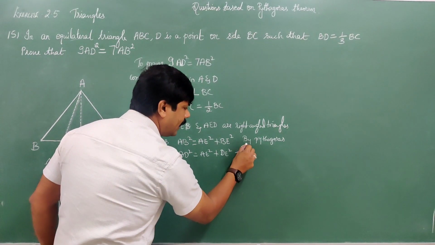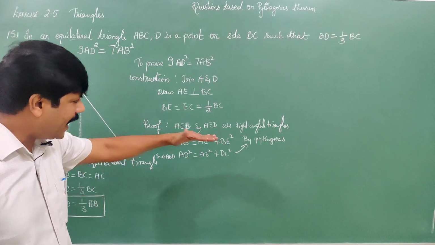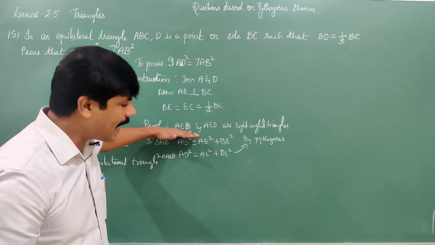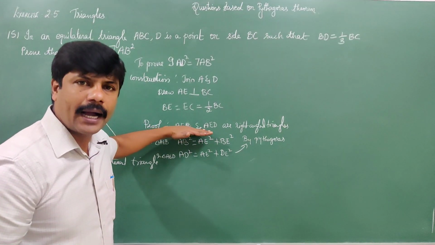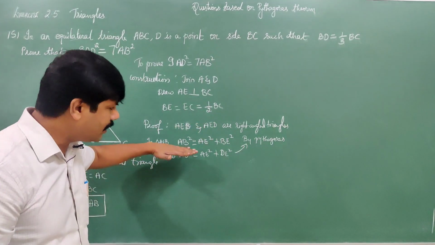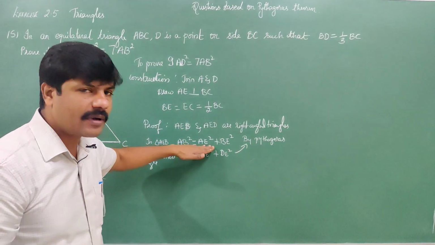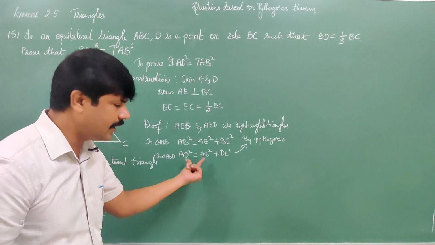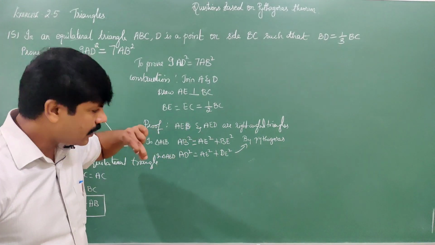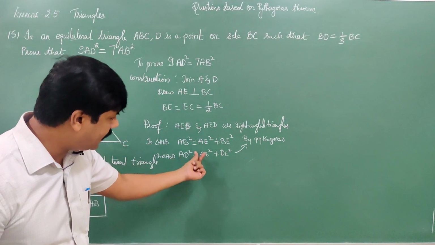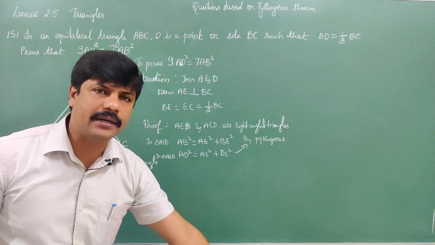How? By applying Pythagoras theorem. By applying Pythagoras theorem to right angle triangles AEB and AED, we have got the hypotenuse square is equal to the sum of the squares of the other two sides. And in both cases AE is there, so everything will change in terms of AE.